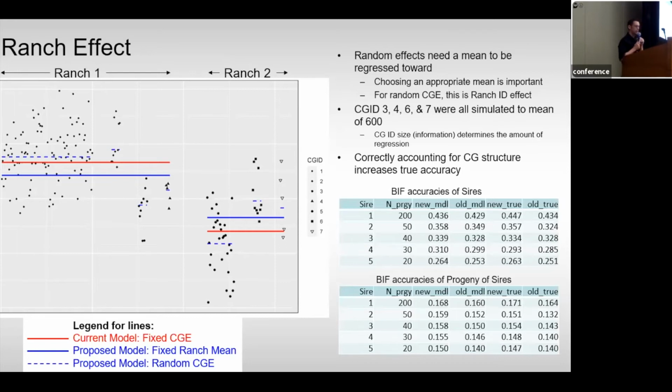The other thing I would point out is that correctly accounting for contemporary group structure, instead of combining a bunch of animals that may actually come from different ranges together, or certainly were treated differently, if we can actually correctly account for the structure better, we can increase true accuracy. And that's shown here by comparing the new versus the old true accuracy columns.